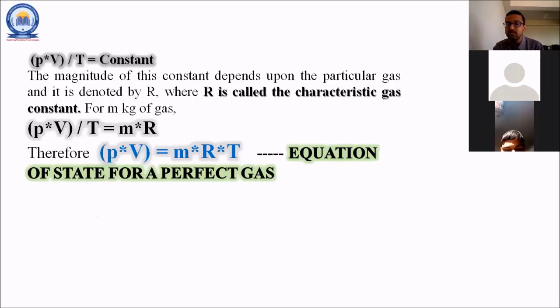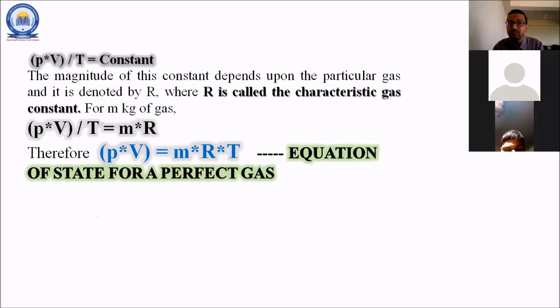So this equation, I hope you have already studied at your school level. You are well aware about it. That is PV is equal to mRT. That is the equation of state for a perfect gas. And dear friends, this is a very important equation we are going to use several times when we solve the numericals of the properties of the gases.